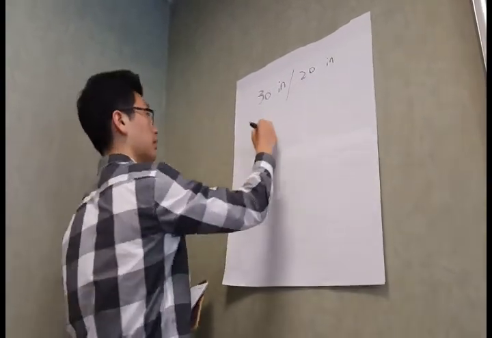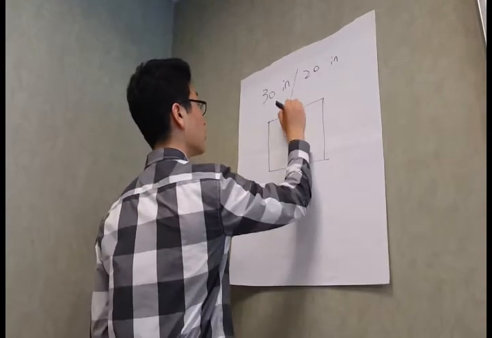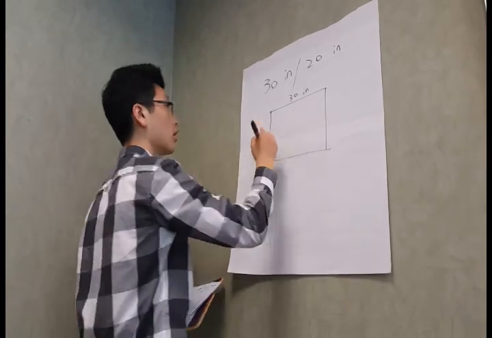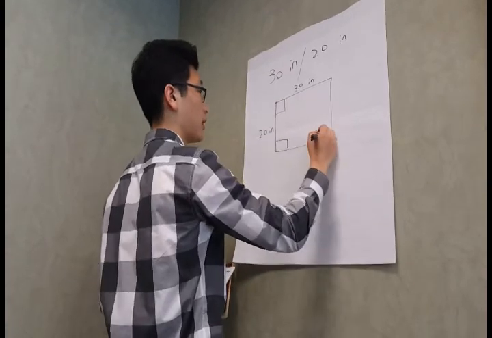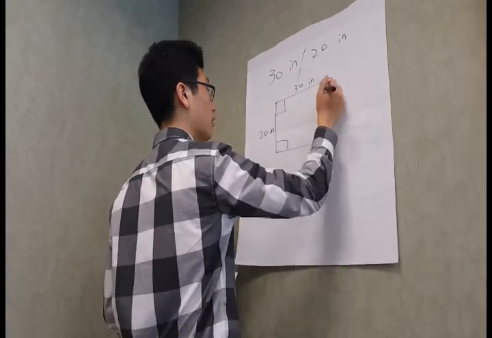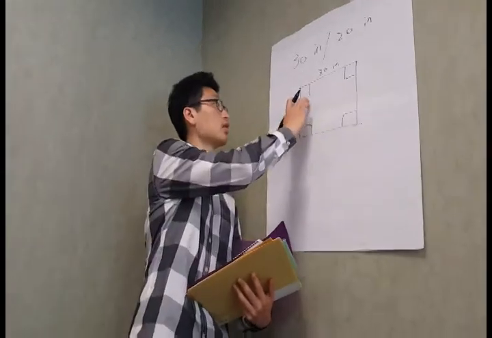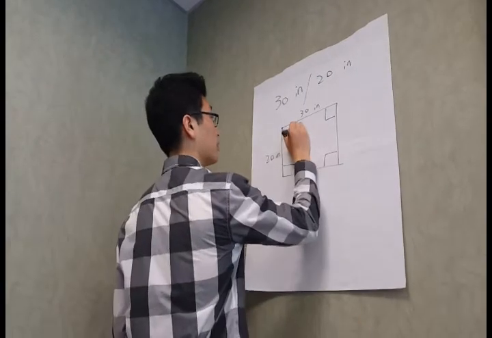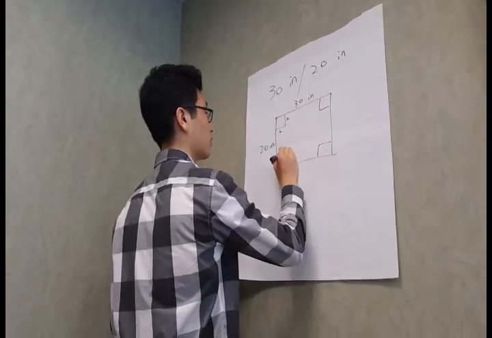It looked something like this, and we cut out its corners so we can fold it up and make a box. The president wanted us to find the height that will give us the maximum volume. So these corners that we're going to cut out will be the height.